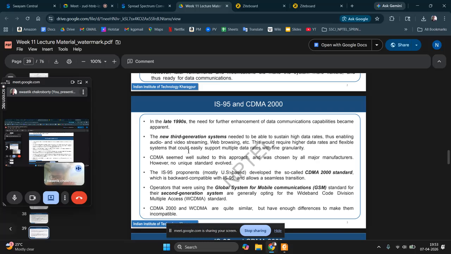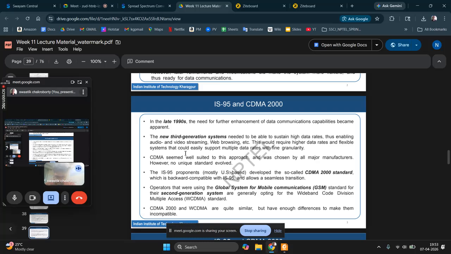And IS95 and WCDMA were, you can say, proprietary implementations of the same open source technology. So they were proprietary, that means they could not be implemented one by another.